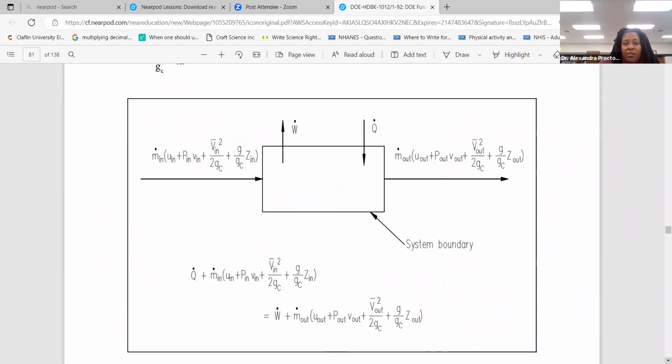So this is just a graphical representation of the first law of thermodynamics. You have the system boundary, you have energy that is coming in, the energy that is transformed, and the energy that is going out.